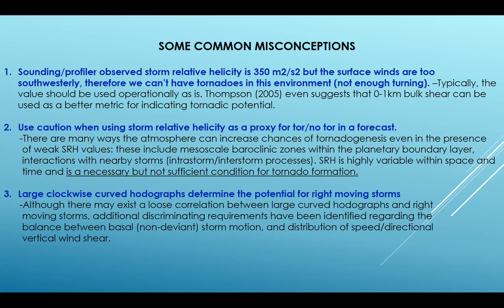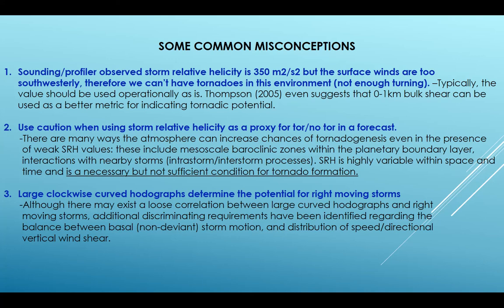Thompson from 2005 even suggests that 0 through 1 kilometer bulk shear can be used as a better metric for indicating tornadic potential. Number two, use caution when using storm relative helicity as a proxy for TOR, no TOR in a forecast. There are many ways the atmosphere can increase chances of tornadogenesis, even in the presence of weak storm relative helicity values.